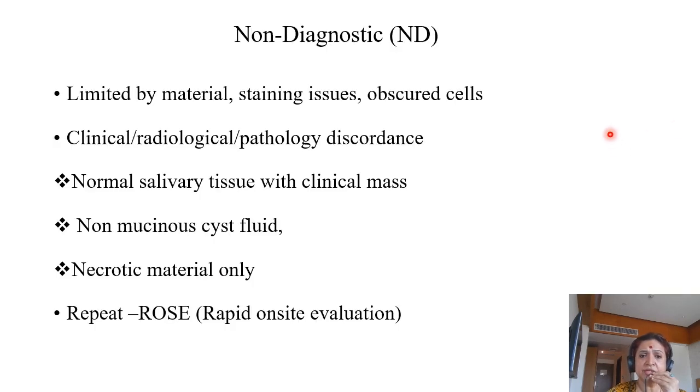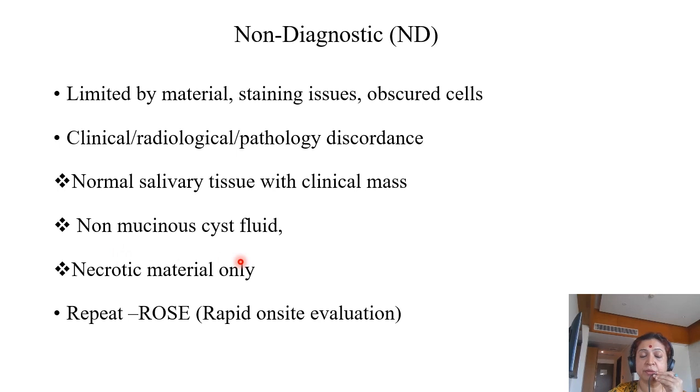So non-diagnostic means it is limited by material. It can be due to staining issues. It can be due to obscured cells due to a lot of blood in your smear and so forth. And there can also be non-diagnostic because of clinical, radiological or pathology discordances. And you may sometimes have a scenario where there is hypertrophy of the salivary gland tissue, so normal salivary gland tissue presenting as a clinical mass.